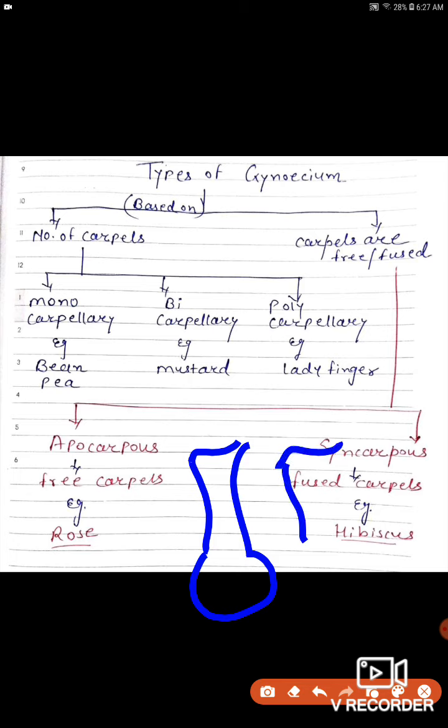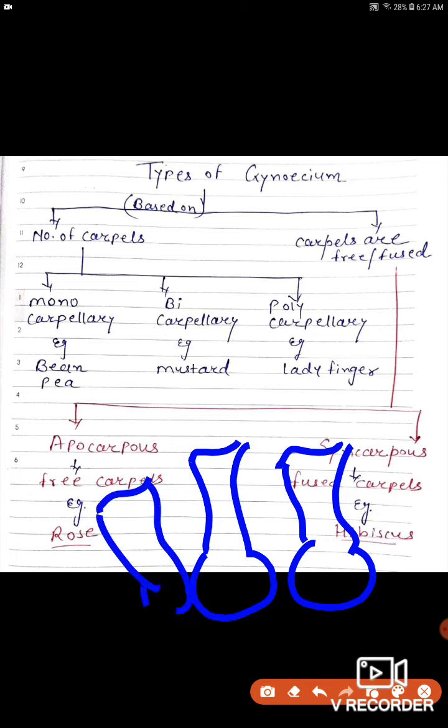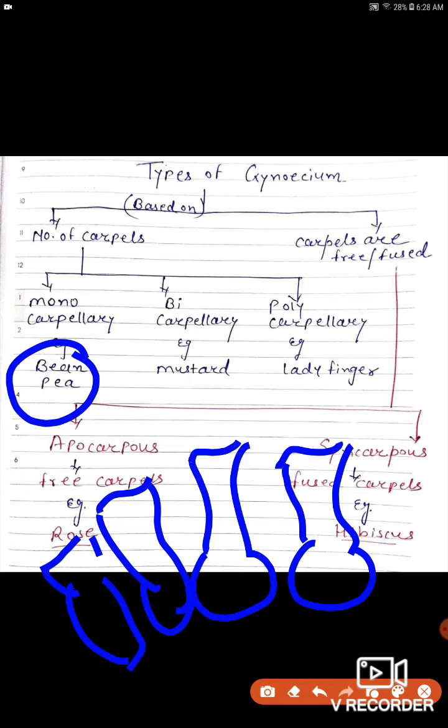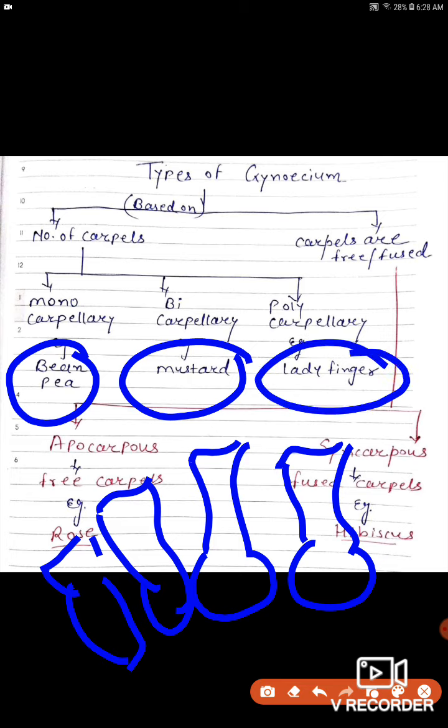If two carpels are present, then it is called bicarpellary. And if more than two carpels are present, then it is called polycarpellary. The example of monocarpellary is bean and pea flower. Bicarpellary, as usual, mustard flower. And polycarpellary, ladyfinger.